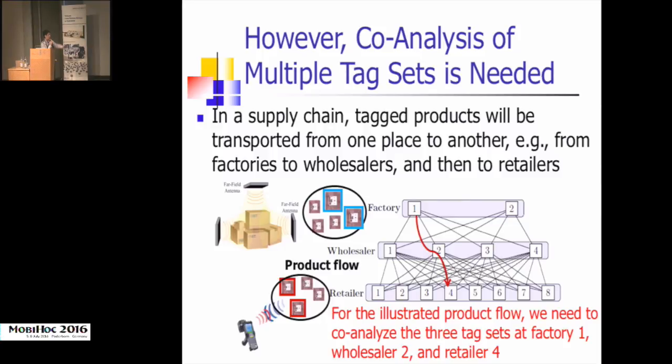We want to know how many products have been transported from factory 1 through wholesaler 2 and finally to retailer 4. For this traffic flow, we want to know the scale of this logistic flow. This is a very useful application of RFID systems for large-scale deployment of RFID tags.